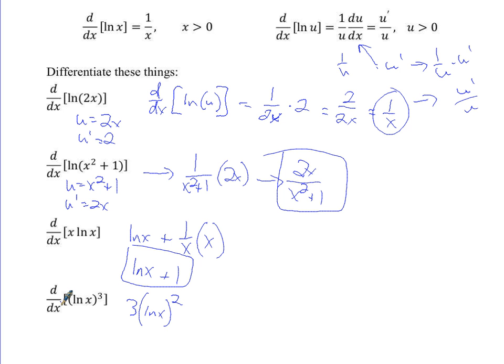What's inside stays the same. Decrease the exponent by 1, times the derivative of what's inside, which is 1 over x. So there's your answer. I could have written the times 1 over x here, but then I'd have to simplify it. So there's my answer. Okay? Can't simplify any farther than that.